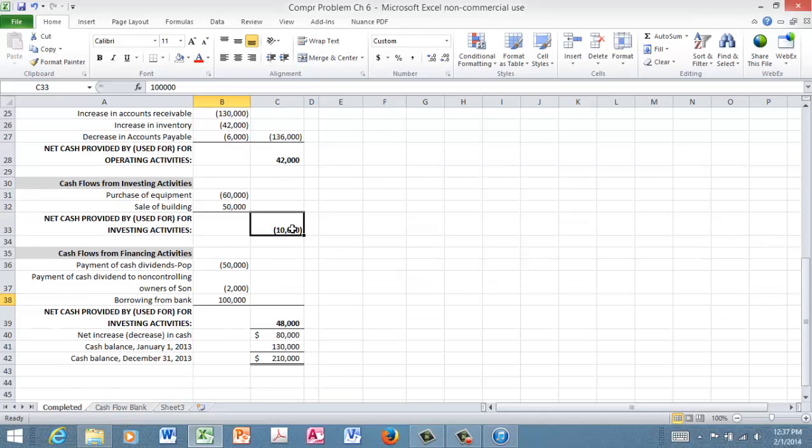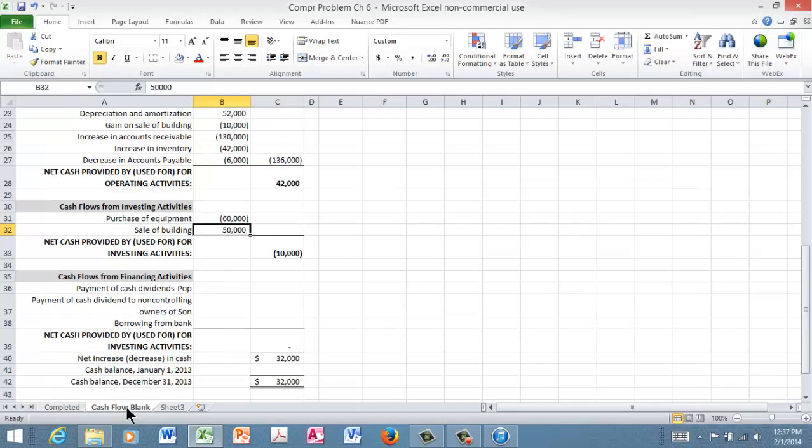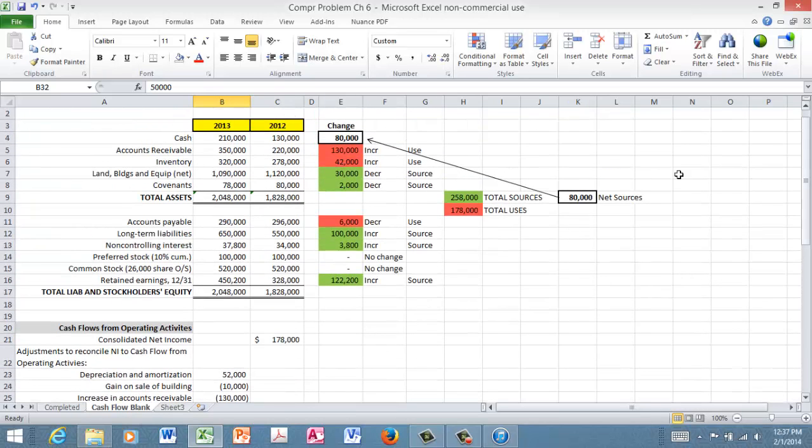I'm going to check myself here on my completed version, and I know that's correct. Now, one thing you can do to check yourself, and it gets a little bit cumbersome here, is think about the way algebra works and the fact that accounting is set up so all your assets balance to the total of your liabilities and equity.